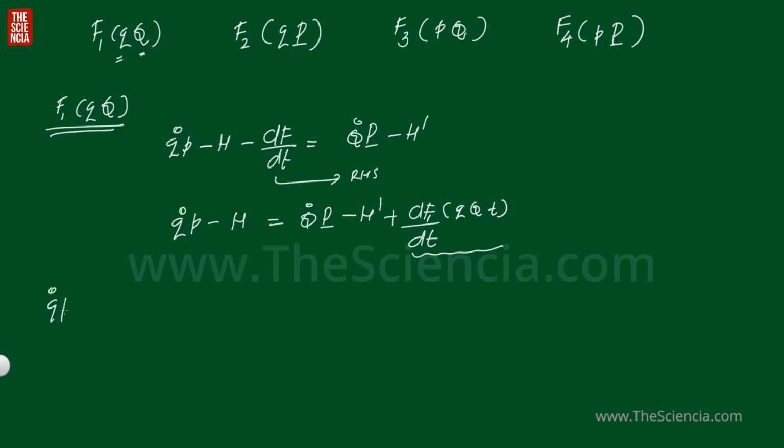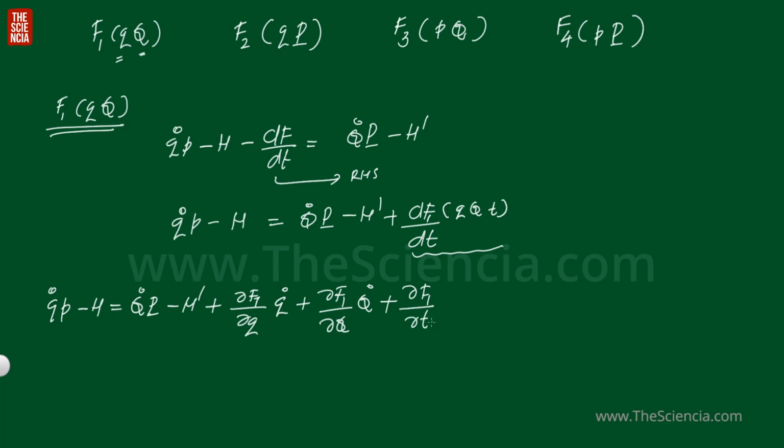We get q dot p minus h equal to q dot p minus h prime plus dou f1 by dou q into dou q by dou t, that is q dot, plus dou f1 by dou capital Q into dou capital Q by dou t, that is capital Q dot, plus dou f1 by dou t.